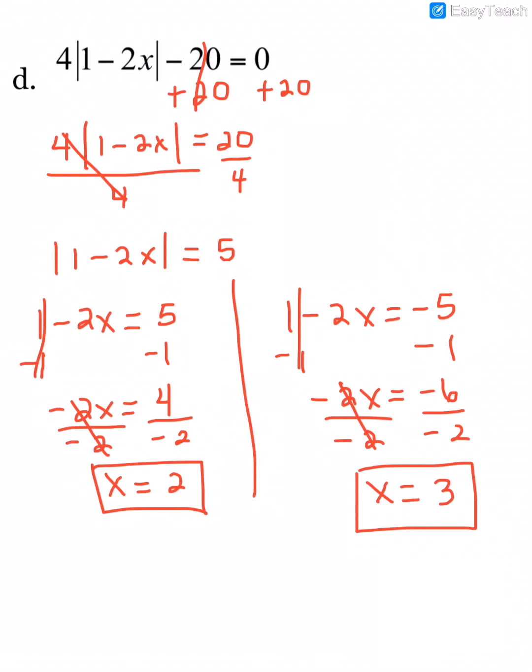Just caught a mistake. And of course, you can always catch your mistakes if you check your solutions. In my first one, when I divided 4 by negative 2, I should have gotten a negative 2. So my solutions are x equals negative 2 and x equals positive 3.